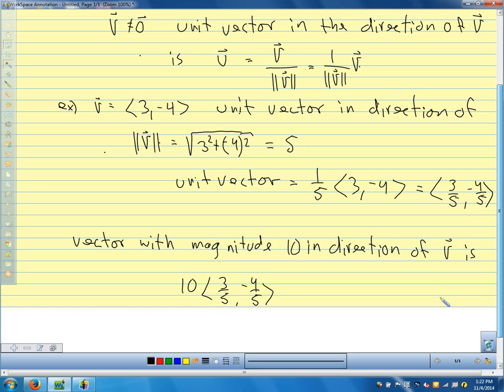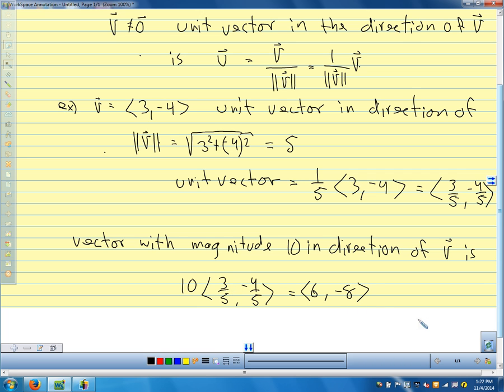Okay? So for the second question, would you just write it how it is written there? That's fine. Or we could multiply this out. I could reduce this fraction: 10 divided by 5 is 2. So we could say that's 6 comma negative 8, because 10 divided by 5 is 2, and 2 times 3 is 6.